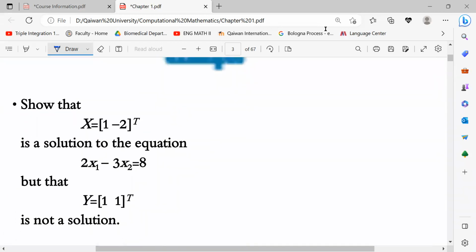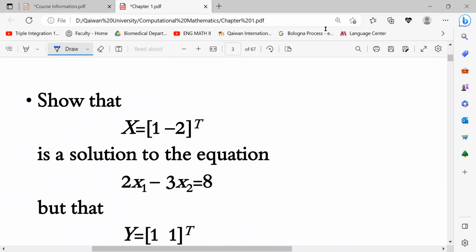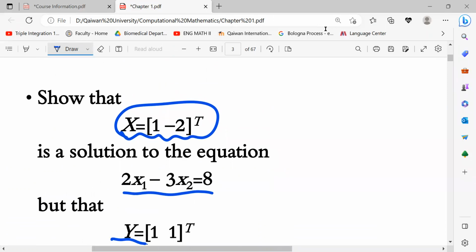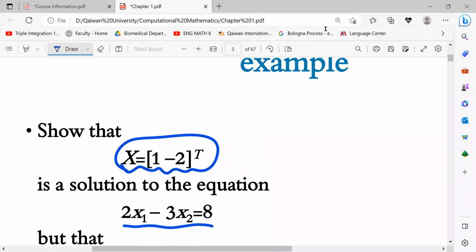And here you have some examples. It says, show that x equal to 1 and -2, these two values, is a solution for this equation. But this one is not. We need to show that 1 and -2 is a solution for this equation.